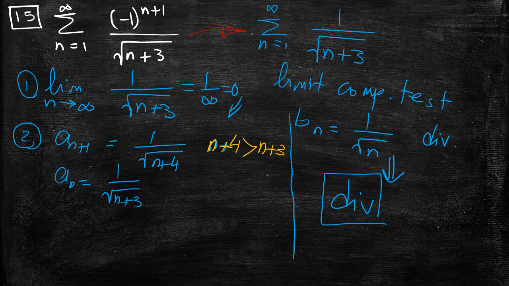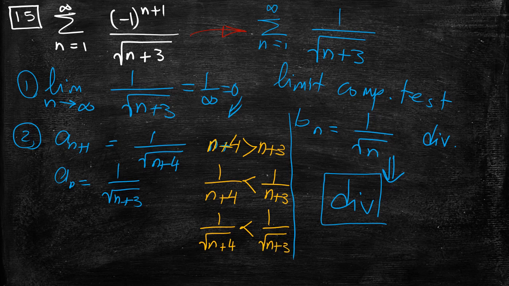It means 1 over n plus 4 is less than 1 over n plus 3. It means 1 over the square root of n plus 4 is less than 1 over the square root of n plus 3. If this is satisfied, it means it's decreasing: a(n+1) less than an.